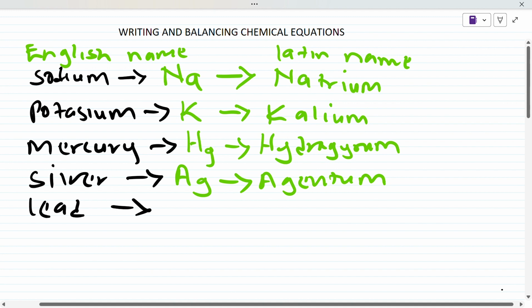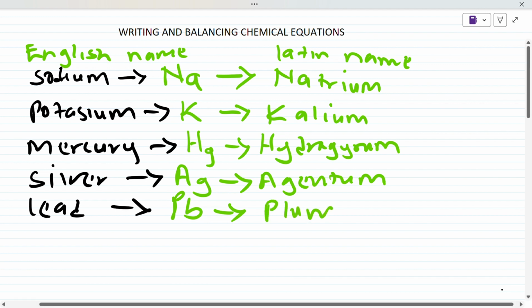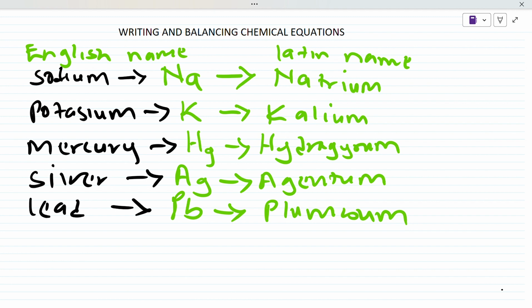Lead is Pb, and the symbol was derived from lead's Latin name, which is plumbum. Some people call it plumb. I don't care how you call it, so long as you know the Latin name, and that it is from that Latin name that all these symbols were derived.